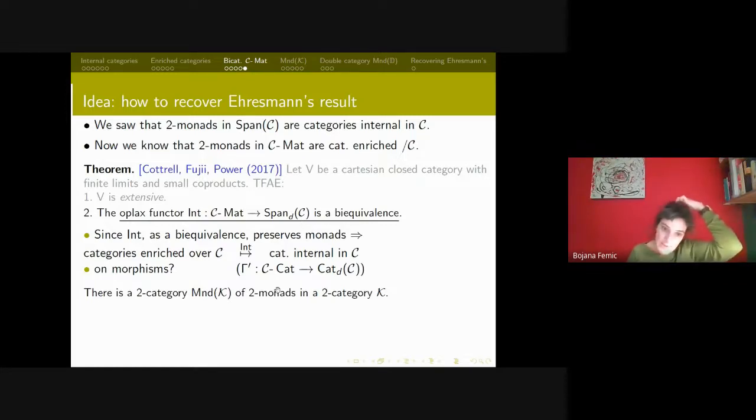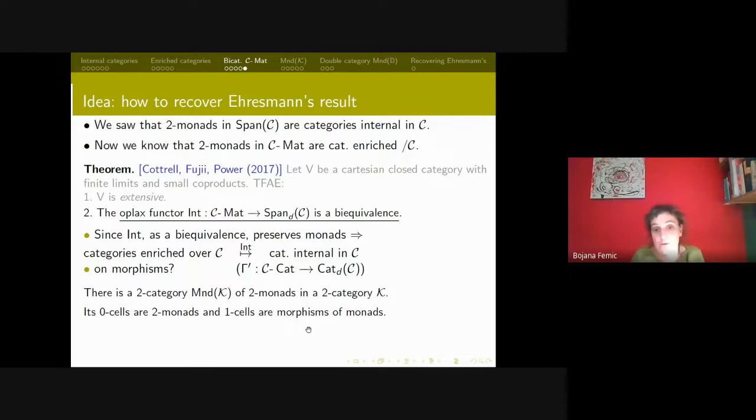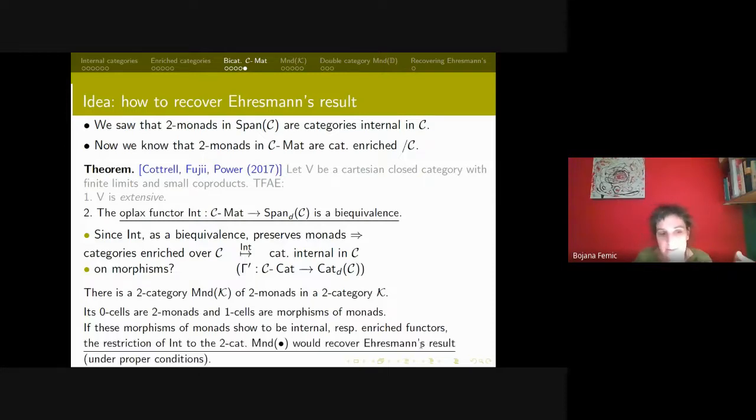So there is this two-category of monads, or two monads in the two-category K, where we have 0-cells, which are two monads, and 1-cells, which are the specific morphisms of monads. 2-cells I don't mention now, and we have defined them in the previous class. So now, if these morphisms of monads show to be internal functors in one case and enriched functors in the other, then we are done.